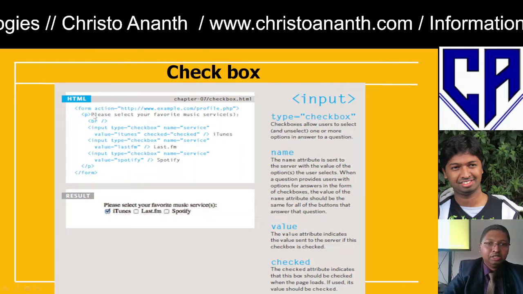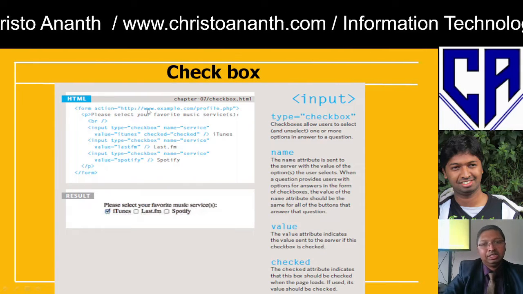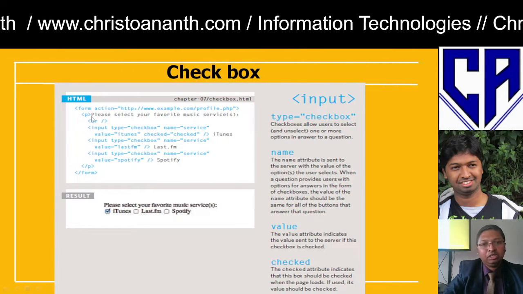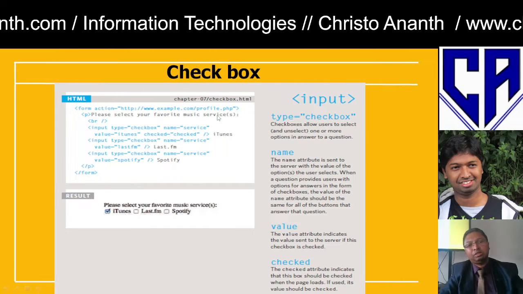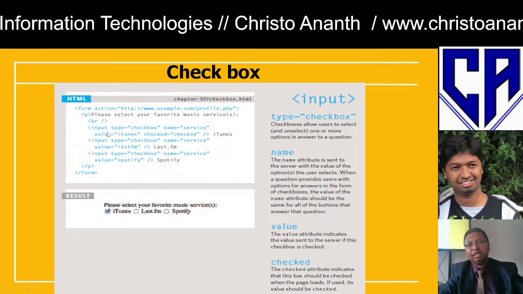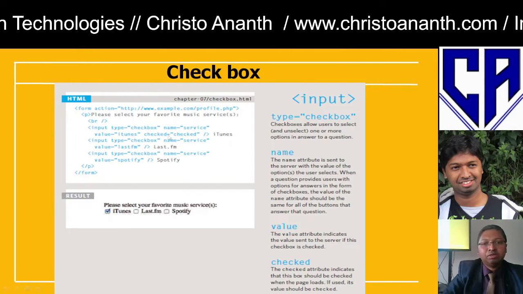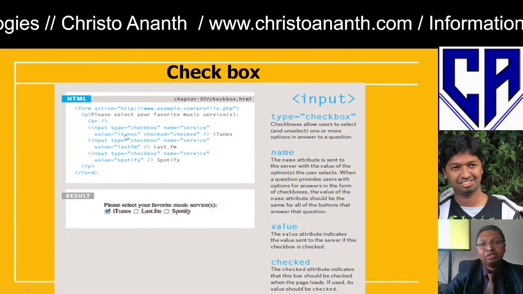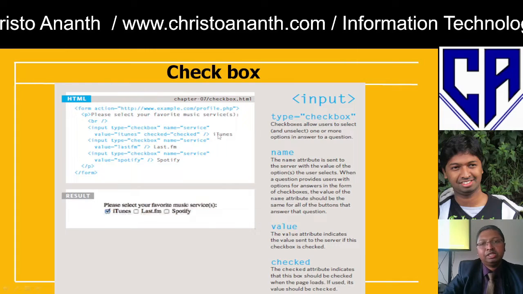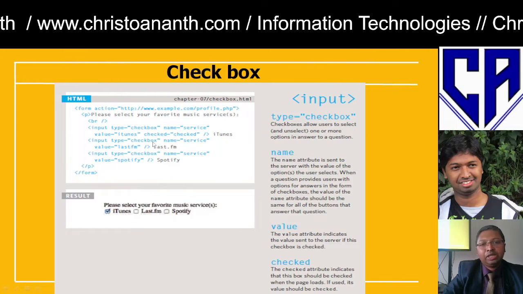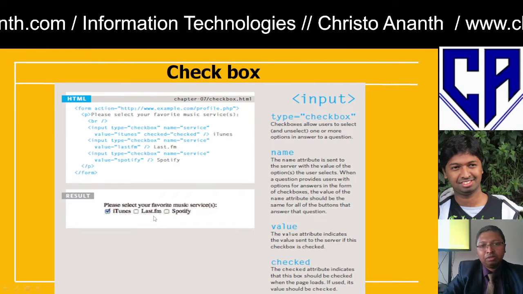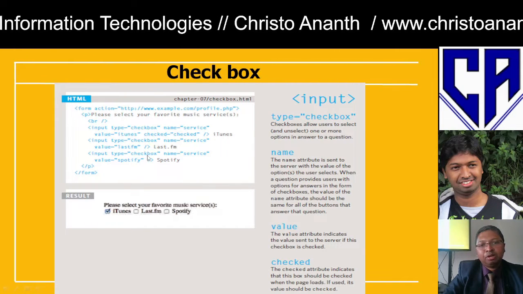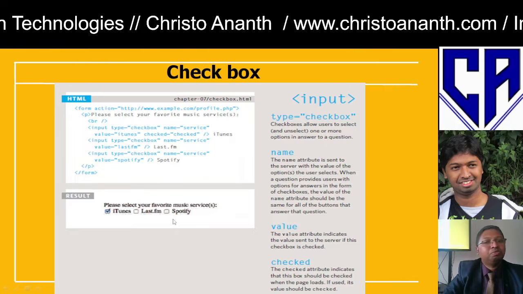So here you have form action example.com/profile, the paragraph tag, please select your favorite music service. Then you close with BR, input type equal to checkbox, name equal to service, value equal to iTunes, checked. Then input type checkbox, name service, value last.fm. And input type checkbox, name service, value Spotify.